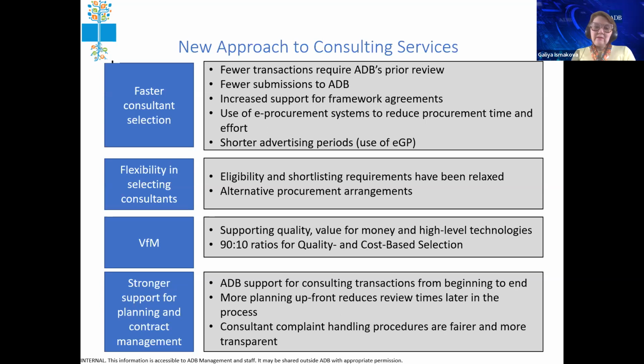In faster consultant selection, we first of all acknowledge the efficient use of electronic procurement systems, and with use of electronic procurement systems, we're looking at shorter advertising periods. So we shortened the advertising periods for the loan consulting as well, to 2 weeks when previous guidelines required us to advertise for at least 1 month.